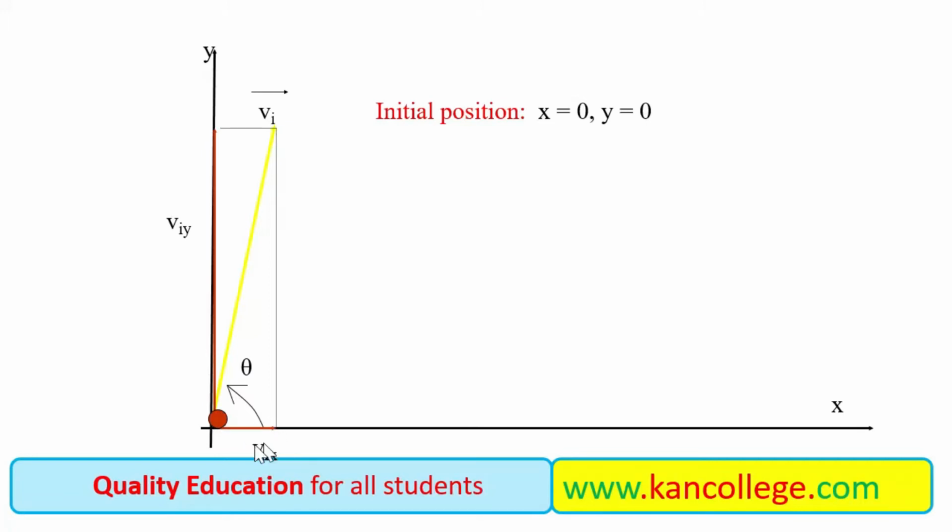If vix is equal to, let's say, 6 meters per second, it means that throughout the projectile motion the body will retain its velocity along the x-axis, and it doesn't change. The body continuously covers a distance of 6 meters along the x-axis every second.